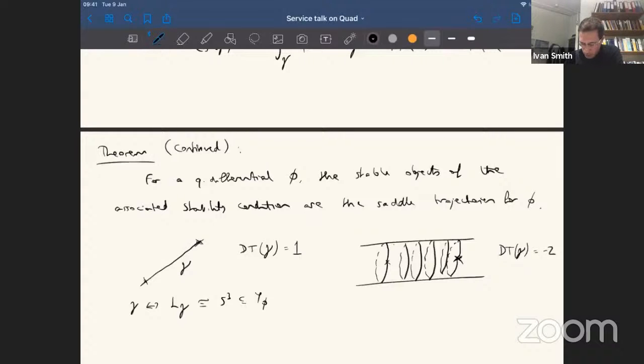And these would correspond here to a Lagrangian S1 times S2 in Y phi. Remember, the general fiber of this threefold over sigma is T star S2. So over every point over a circle in sigma, you can consider the associated S2, and you'll write down an S1 times S2 in the threefold, which at these endpoints degenerates to an immersed S3 with one self-intersection point.